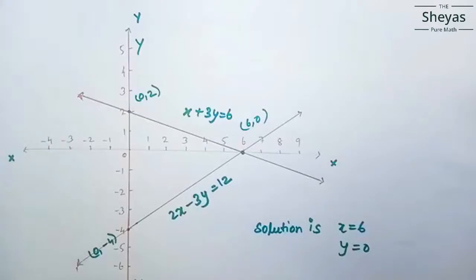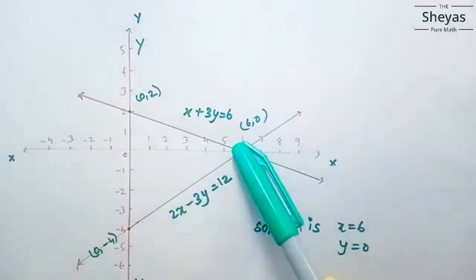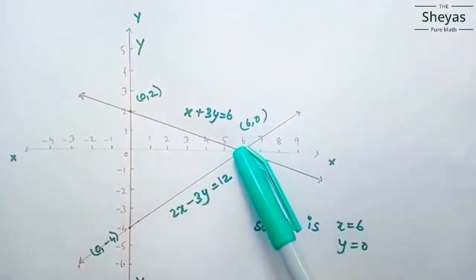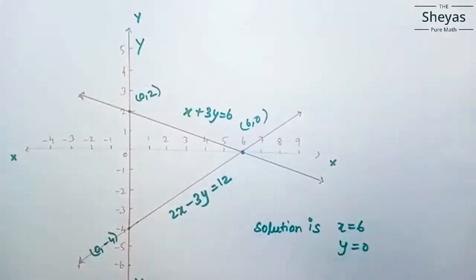Just see the same problem that we have done previously. Here the lines are intersecting at a point. So this point is unique. This is the solution and that solution is unique.